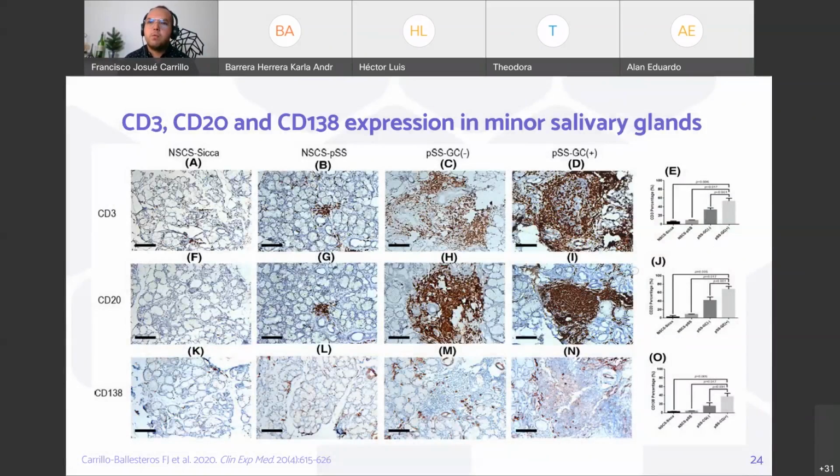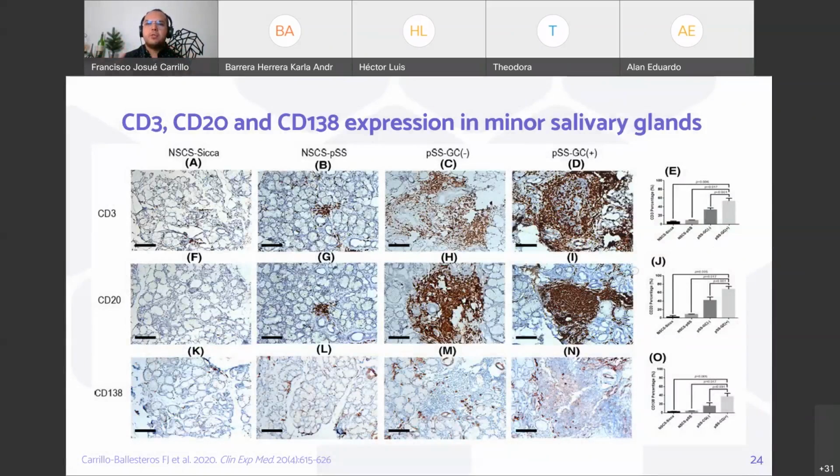So what we're telling is that we have several cases with lymphocytic infiltration, but with these cells being more of a T cell scenario or a B cell scenario.